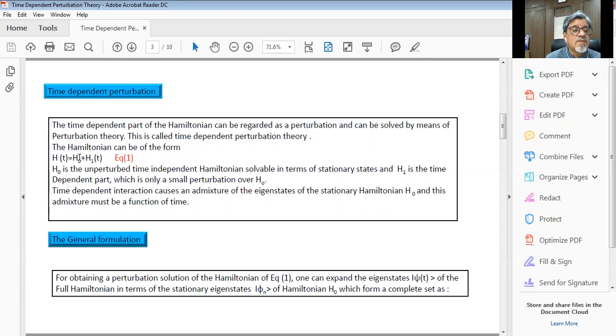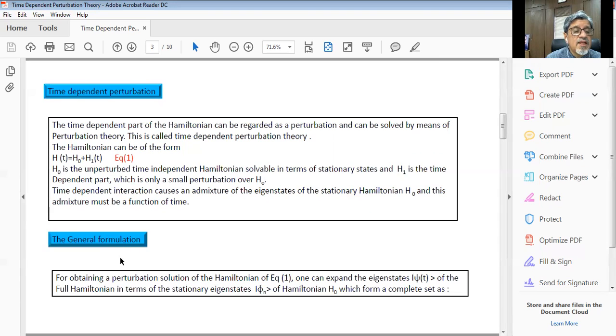H0 is a time-independent one and it is unperturbed. H1 is the time-dependent one and it is a perturbation. And it is an admixture between the two, forming a total Hamiltonian which is time dependent. So the time-dependent interaction causes admixture of the eigenstates of the stationary Hamiltonian H0 and the Hamiltonian H1.